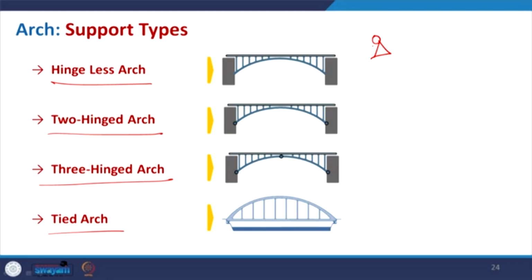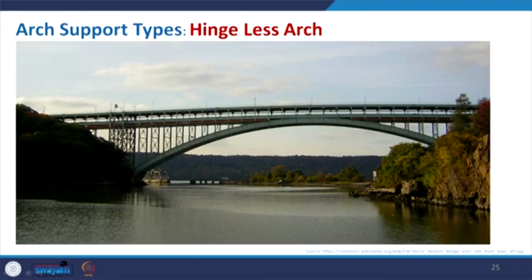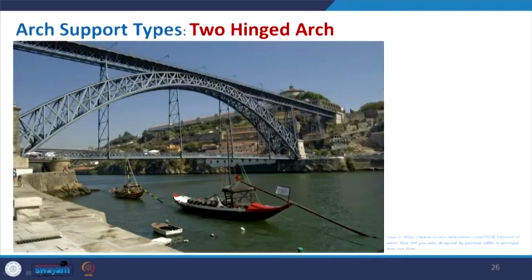Now, coming to the hingeless arch, this arch is formed and it is just fixed to the ground. So, it is fixed with the ground, and by which it is transferring the load, and symmetry has to be maintained in the hingeless arch. Now, coming to the two hinge arch, the two supports are provided with hinges.